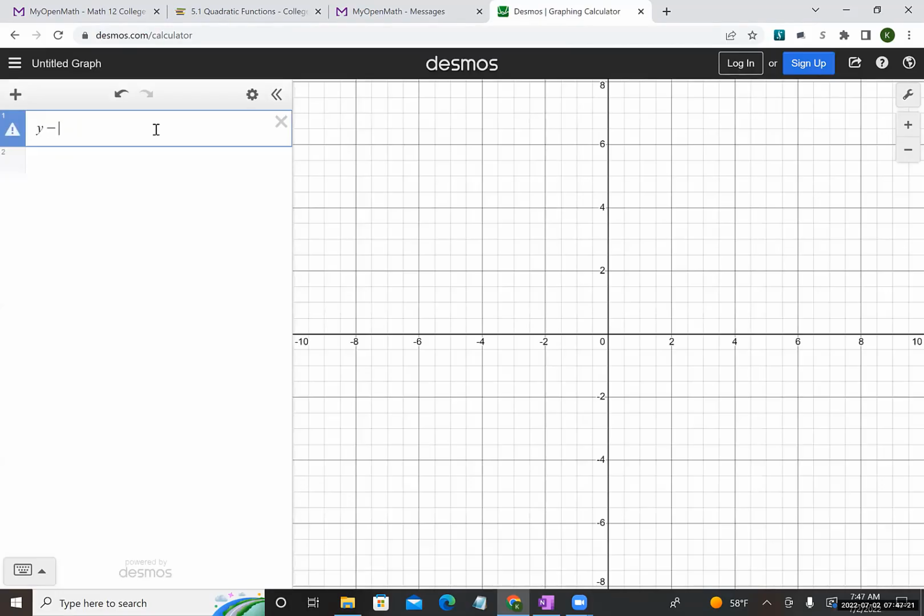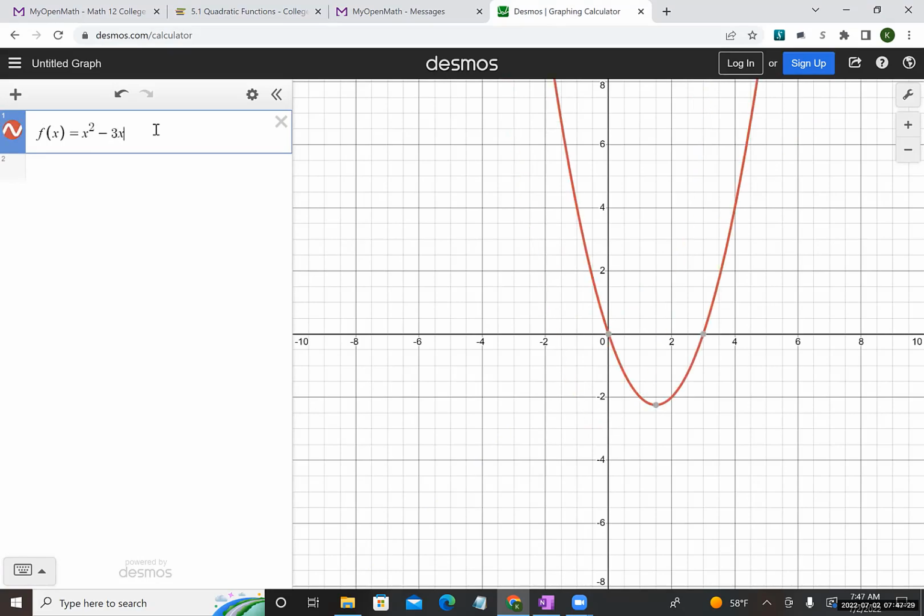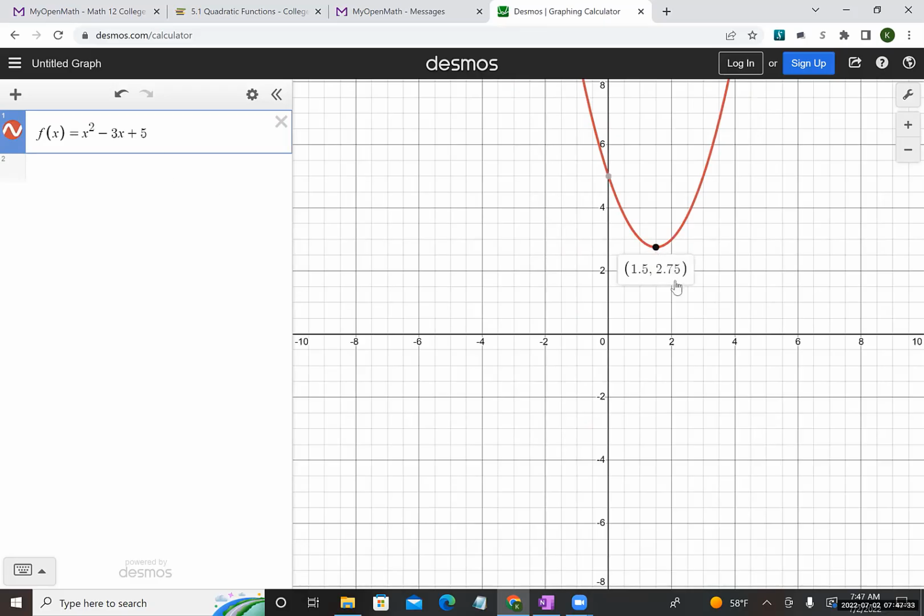So y equal to, I could do f of x equal to x squared minus 3x plus 5, and point to the vertex there, 1.5 comma 2.75. Yeah, 1.5 is 3 over 2, and the 11 over 4 is 2.75.